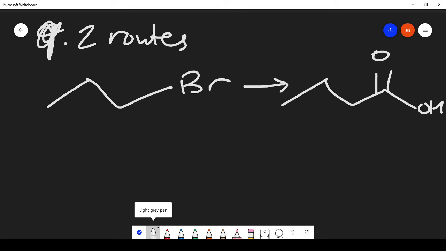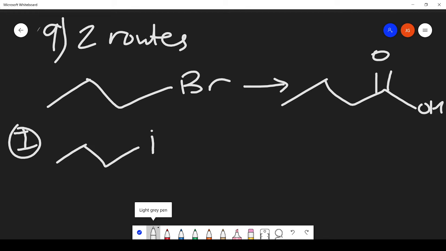And these arrow pushing mechanisms are not that fun. So I'm not going to go over the arrow pushing. We've already seen one of them. So let's take our first path. Like, let's say we ask Google Maps, hey Google, show me a path from alkyl halide to carboxylic acid.